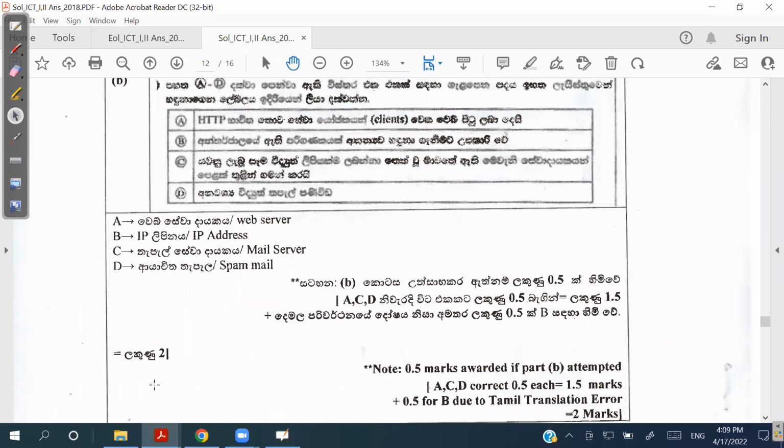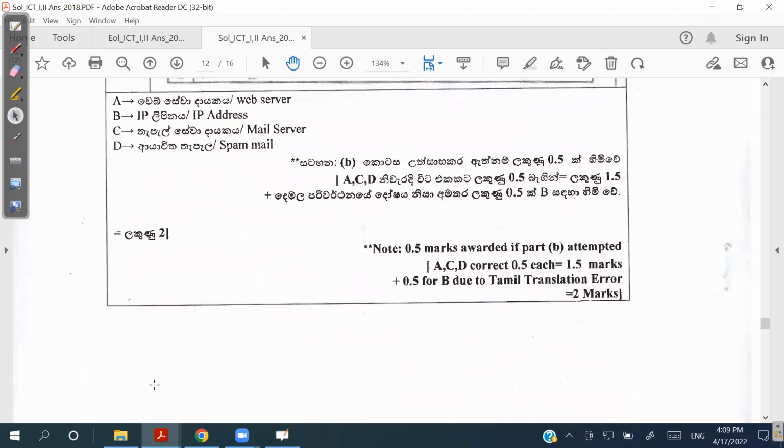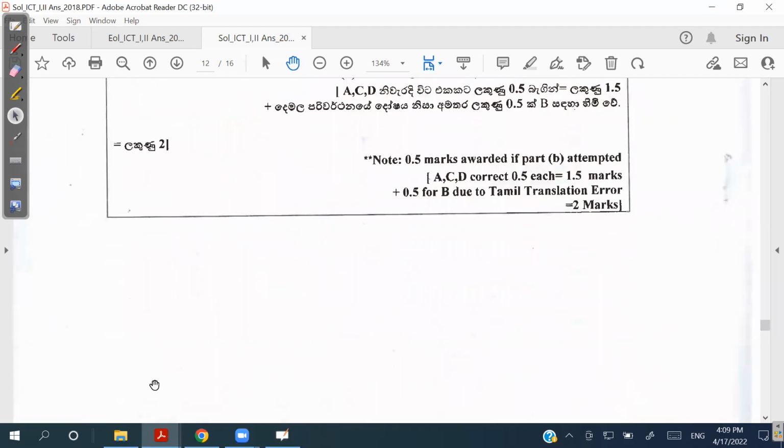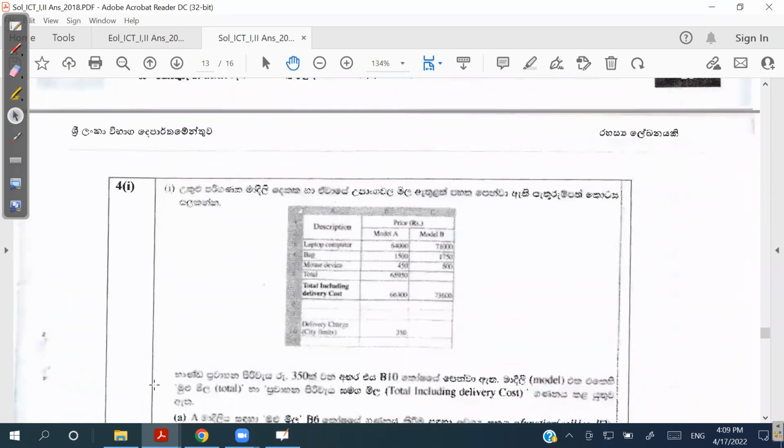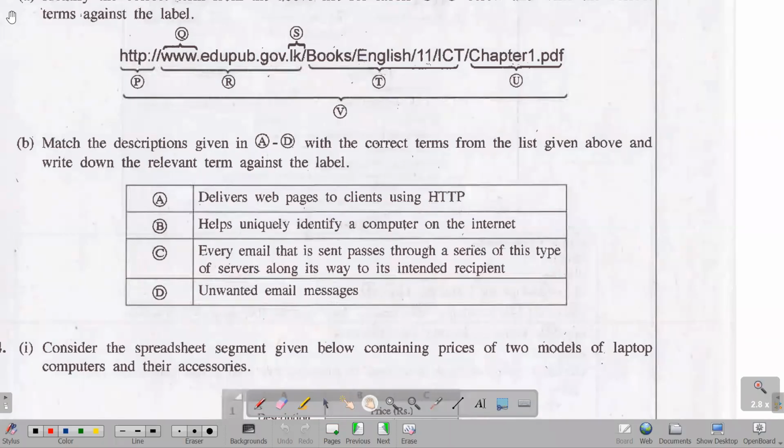There was some problem in that marking scheme since the Tamil one was not properly printed, but since we are doing it now, let's just have 0.5 for each mark. So 2 marks. So see how much you got out of 10. All right, people, how is it so far? Is it clear? Any questions?